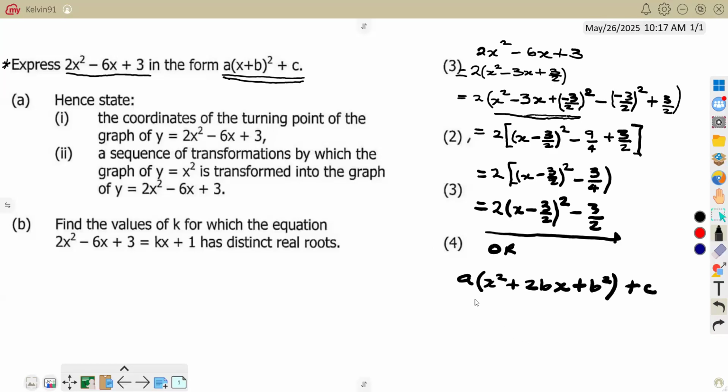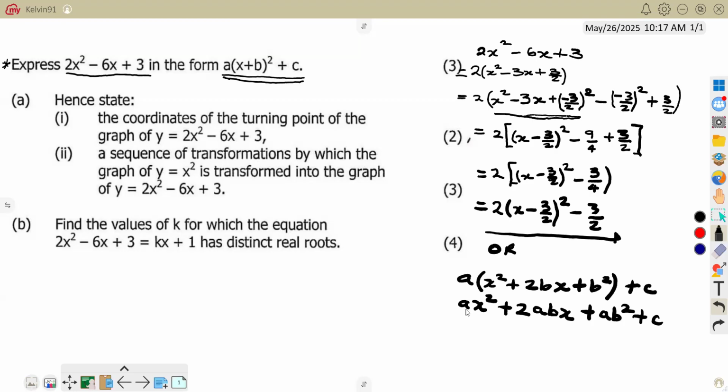Then we are going to have a x squared plus 2abx plus ab squared plus c.